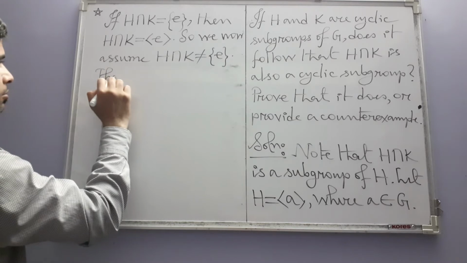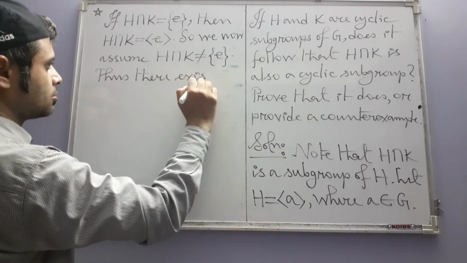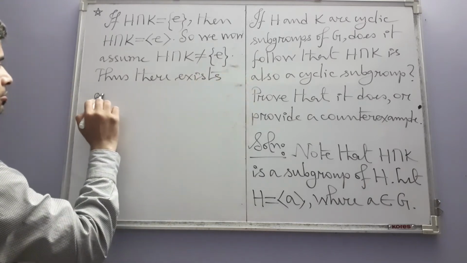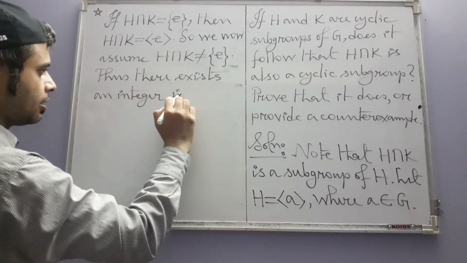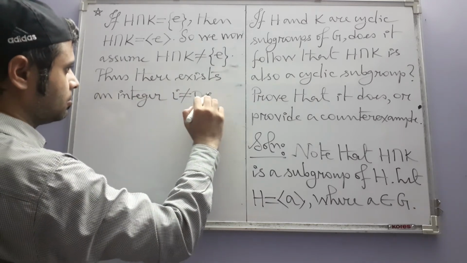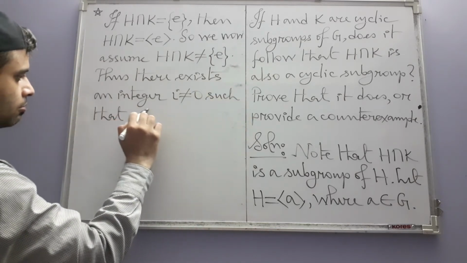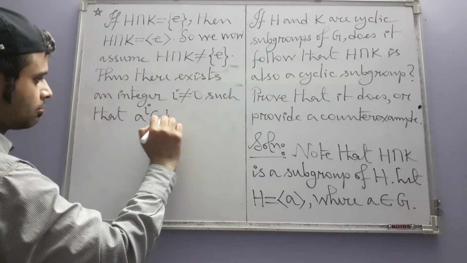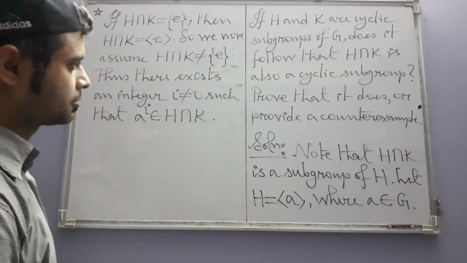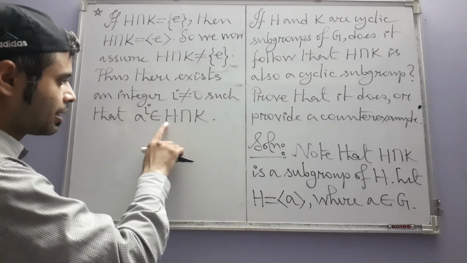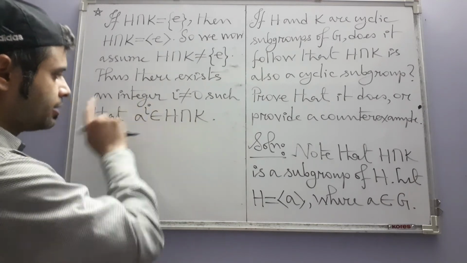Thus, there exists an integer i not equal to 0 such that a to the power i is in H intersection K. So the non-trivial element that H intersection K has, that we are choosing here, looks like this.